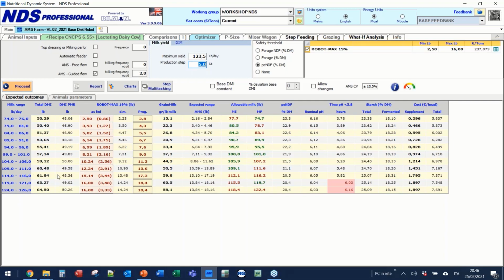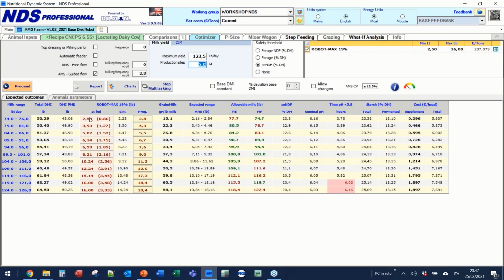We can see the predicted total dry matter intake, PMR plus robot. The PMR intake, I mean the PMR without the robot, that is predicted to be eaten. And here we have the amounts of the pellet.